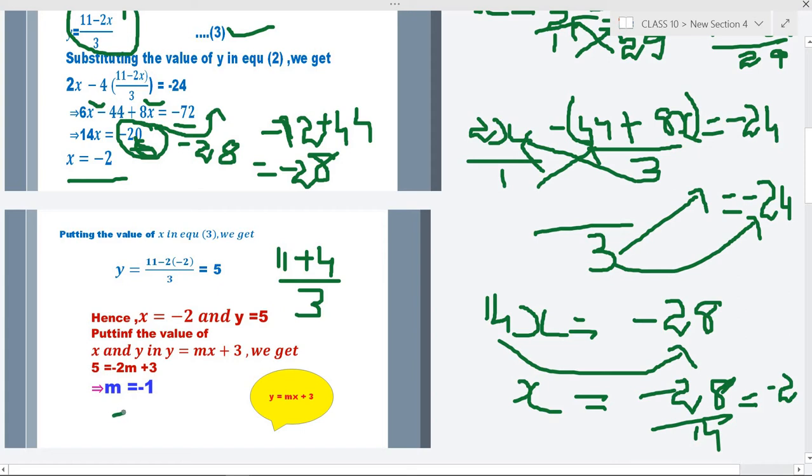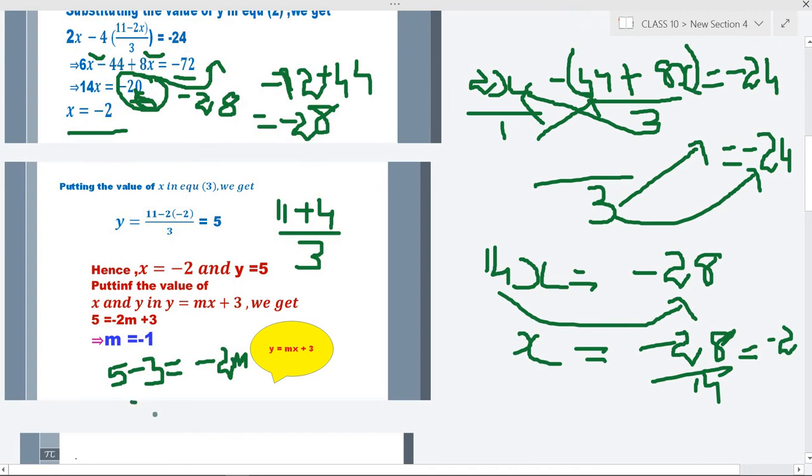You get 5 minus 3 is equal to minus 2m. And in the final step, what do you get? 2 upon minus 2 is equal to m. So what is 2 upon minus 2? It is minus 1. So the answer is minus 1.